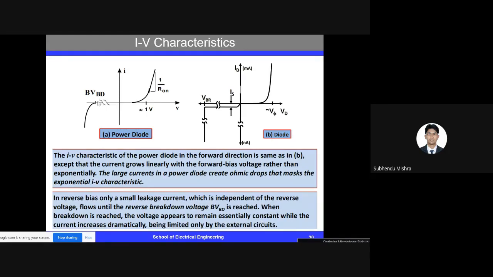The voltage here does not suddenly increase. The increase is gradual, and it will take some more reverse voltage. The current keeps on increasing, but the characteristic is a bit different. An instantaneous change in the current happens for a signal diode, but the reverse breakdown current is gradual for the power diode.